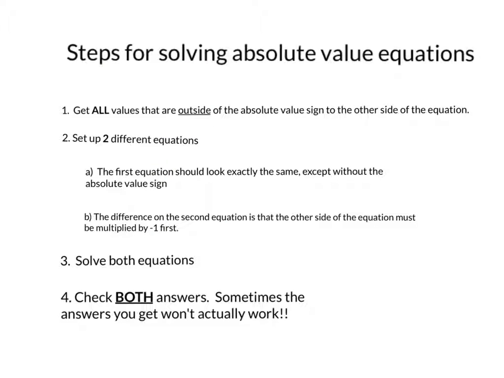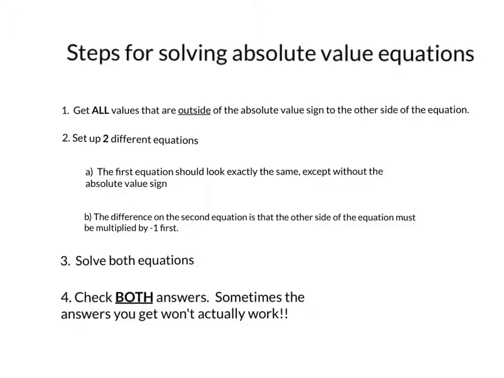So here are the steps for solving an absolute value equation. And the whole idea that there can be a positive and a negative for each of these is why you have to do the second step here, where you set up two different equations, one looking exactly the same, and the other one being where you have to multiply usually the right-hand side by -1 so that you can take into account the positive value and the negative value.